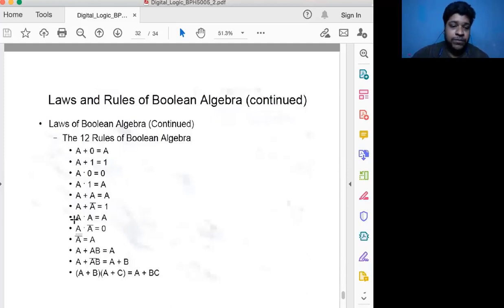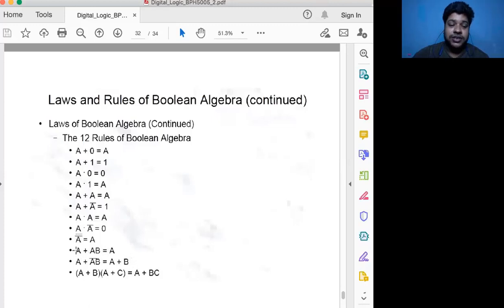Okay. And similarly, A dot A bar is always 0, इसका वैल्यू चाहे 0 हो चाहे 1 हो, ये हमेशा 0. और उसको अगर किसी को 2 बार इन्वर्ट कर दें, A bar and then again bar, means 2 times NOT operation, you will get the same number. So A double bar is equal to A.